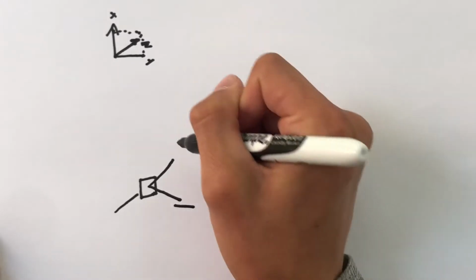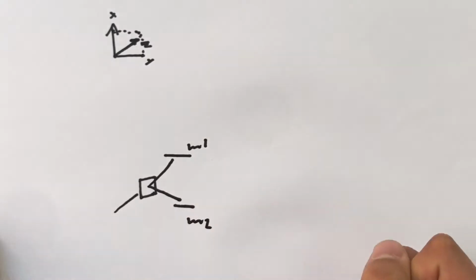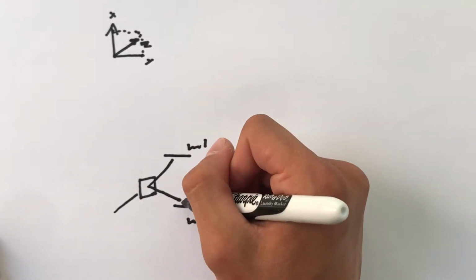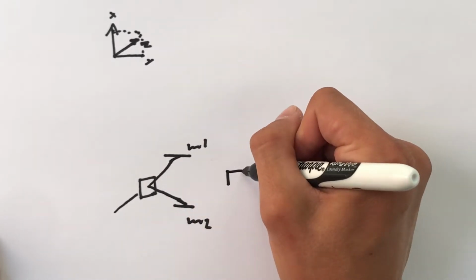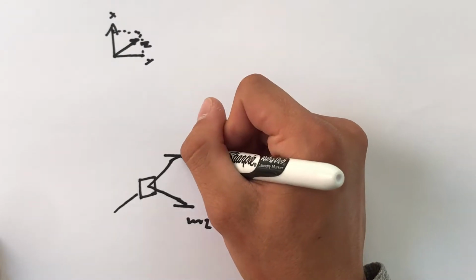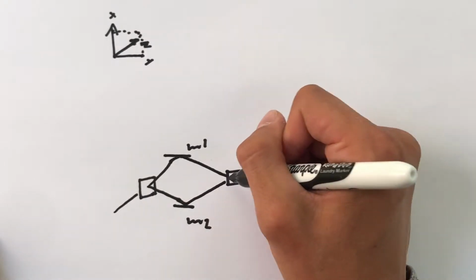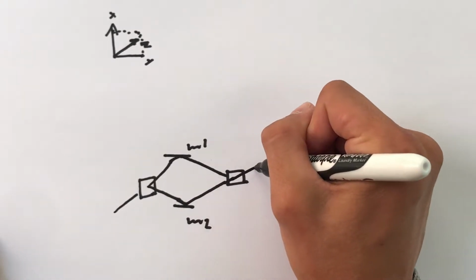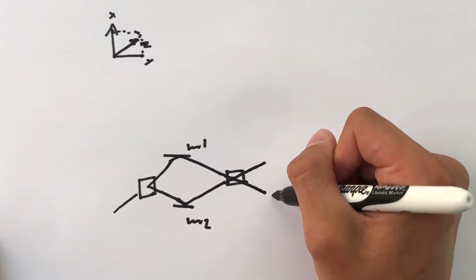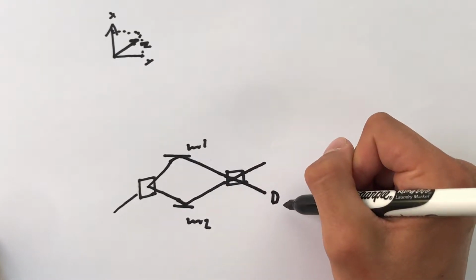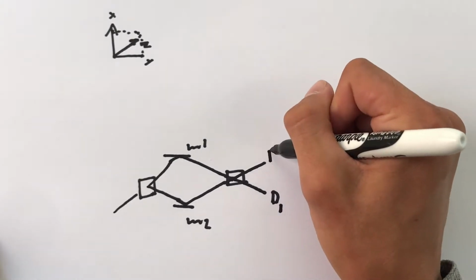Here you will find two mirrors, mirror 1 and mirror 2, and these mirrors will reflect the light to another beam divider, which divides these light beams yet again until they face a detection scanner, something that detects the light, D1 and D2.